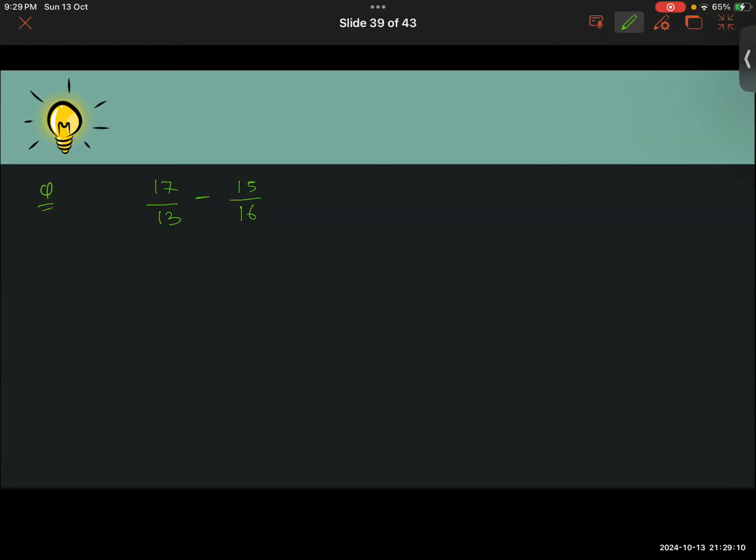Subtract the given fractions. First, be careful in finding the LCM, Habib.